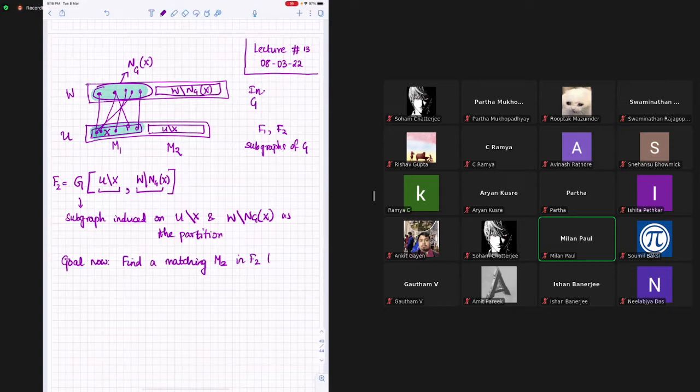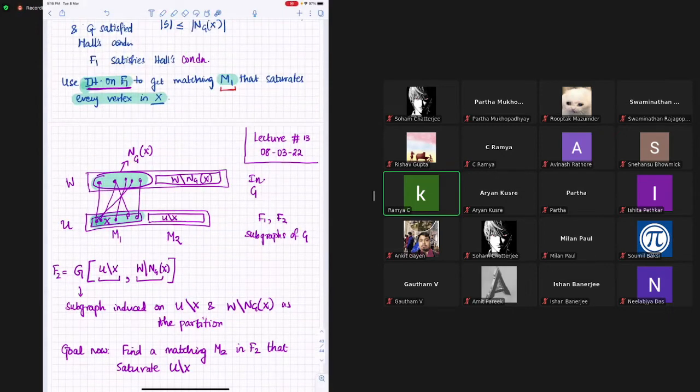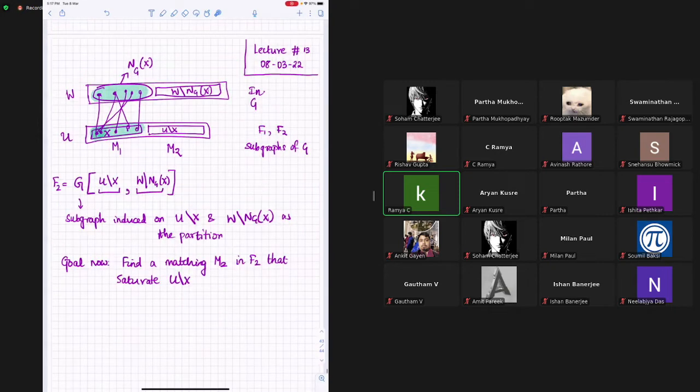F2 that saturates U minus X. So U, if you remember, was here. W could have been here, like what last time we had talked about. That is possible. We don't care about W right now. So if W was here, you will find another neighbor for U here. Matching M2 will take care of it.